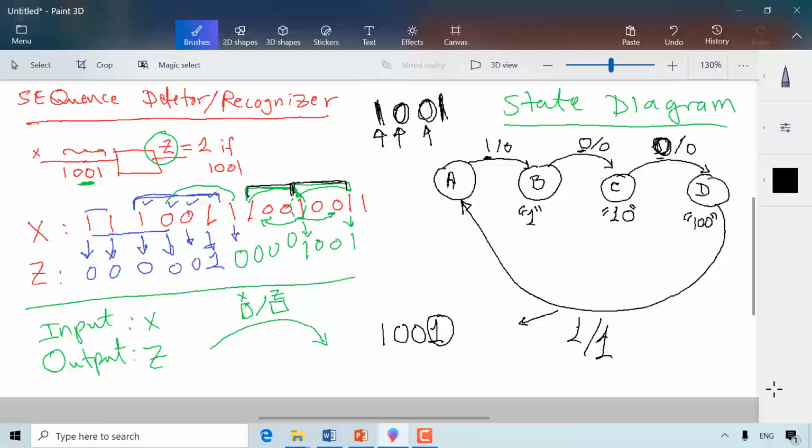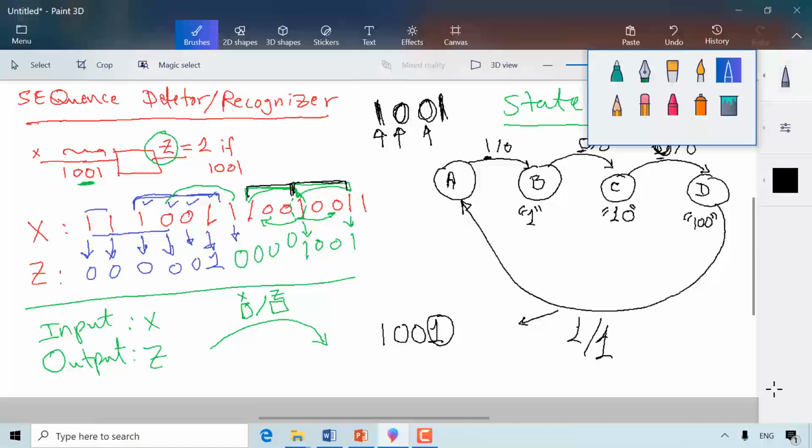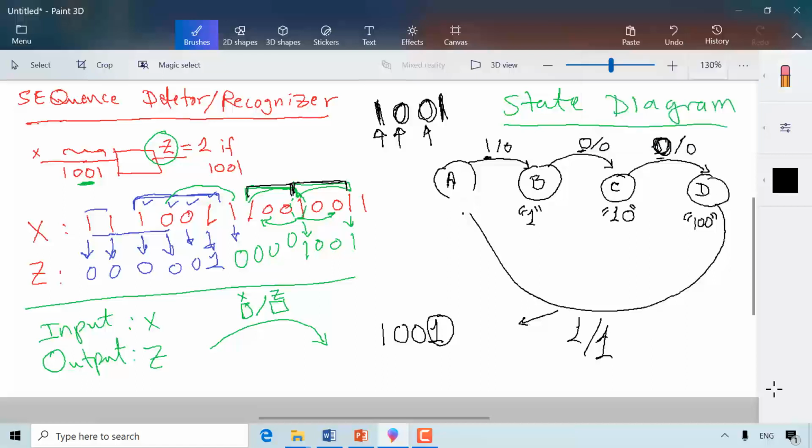So instead of going to A, I have to go to B. Let's go back and say, we go to B here because this could be the end of a sequence and at the same time the start of another. So B now remembers that it has received a 1.